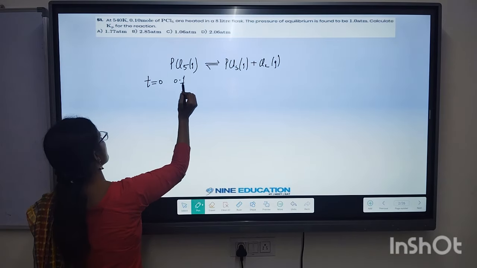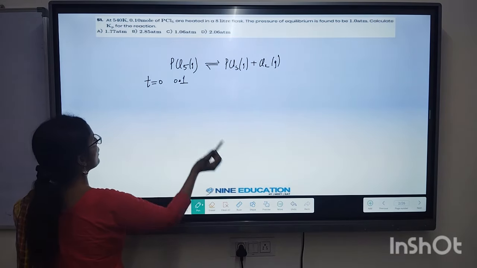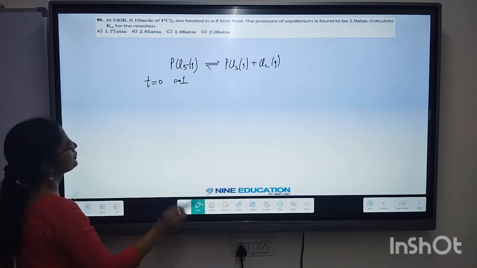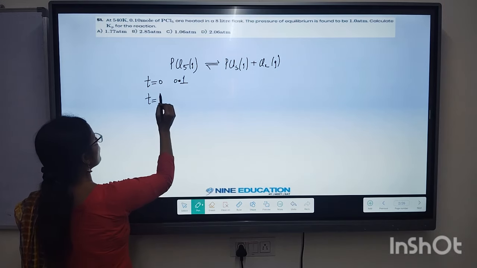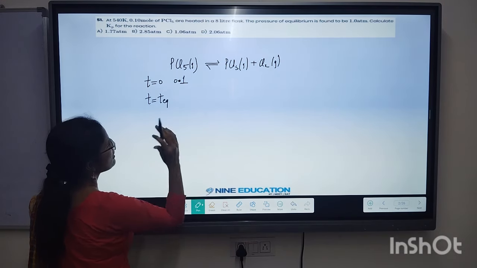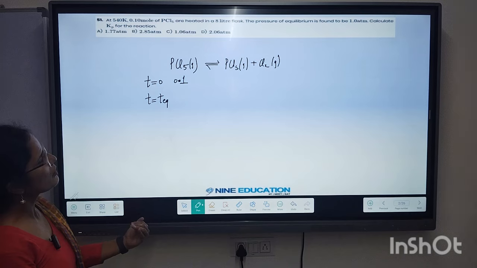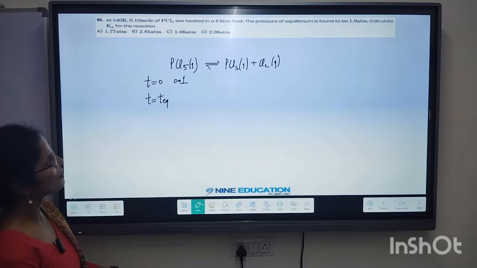We are having 0.1 mole of PCl5, and then we need to talk about Kp, which is the equilibrium constant in terms of pressure, right? So we need to write data for T is equal to T equilibrium. Let us suppose some X mole of PCl5 is dissociated.